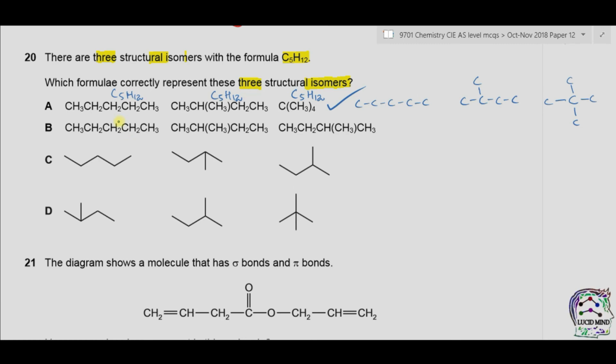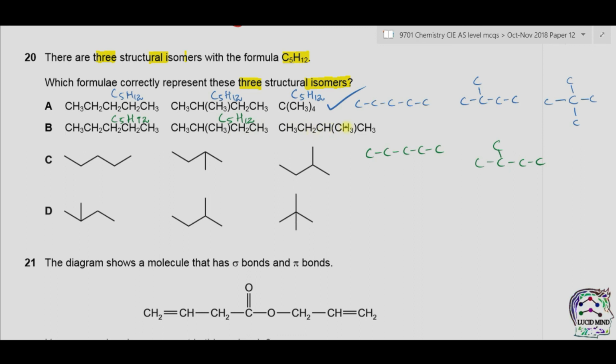The formula is C5H12. Structure will be like this. Then we have 5 carbon atoms and 1 carbon is in the form of a branch as the long chain consists of 4 carbon atoms. This is also a correct structural formula.